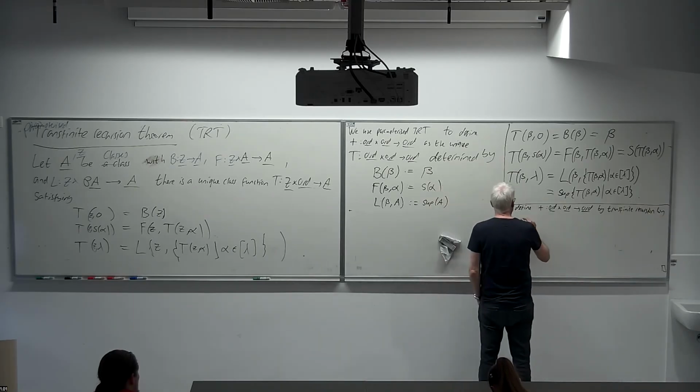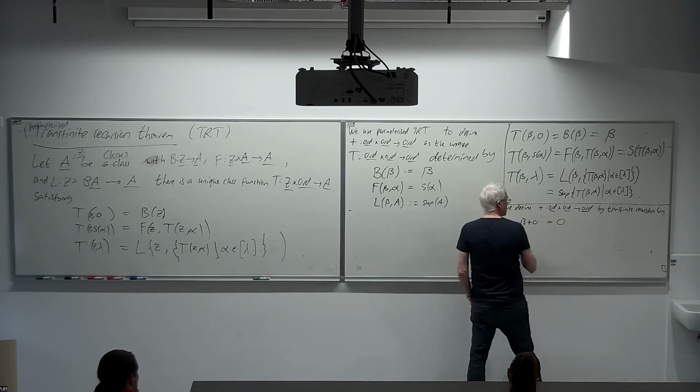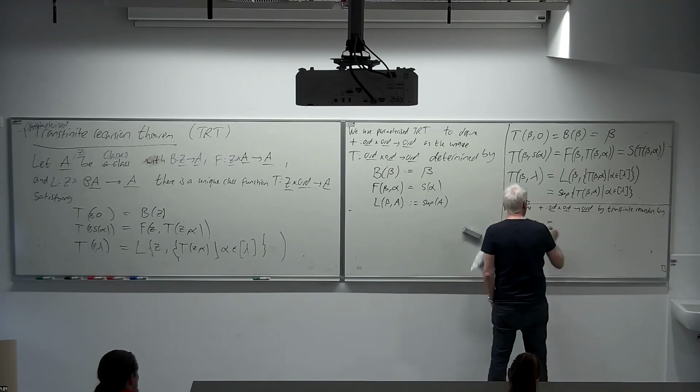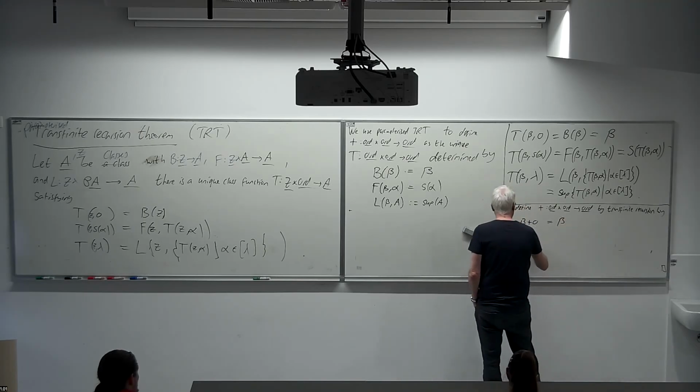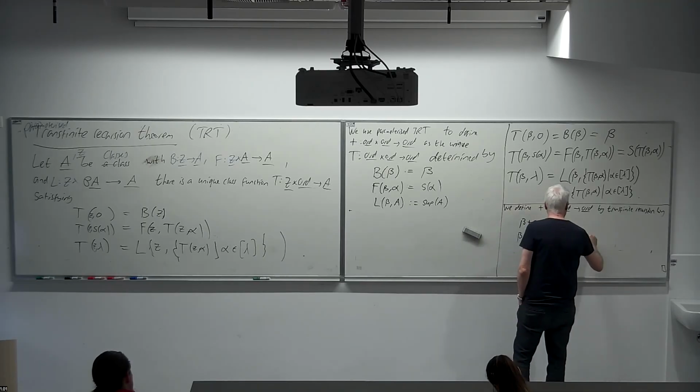So we would say beta plus 0 is beta. Beta plus the successor of alpha is the successor of beta plus alpha.